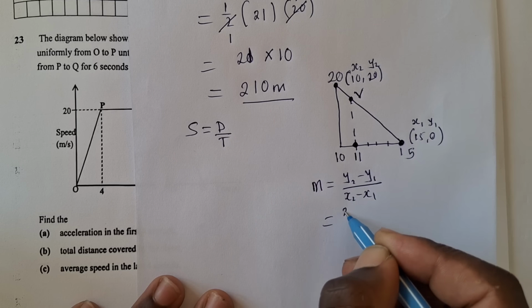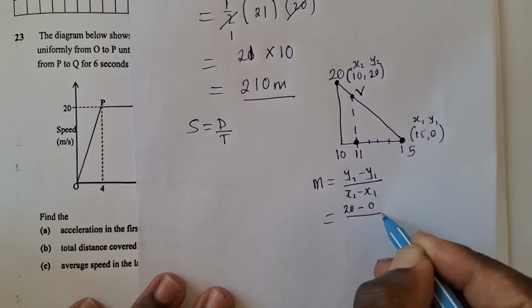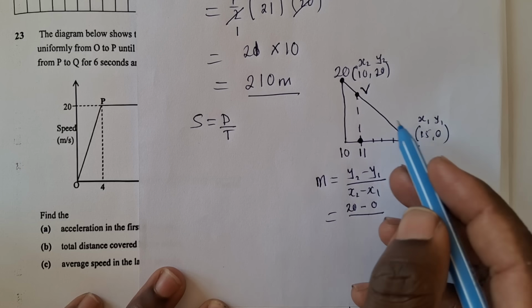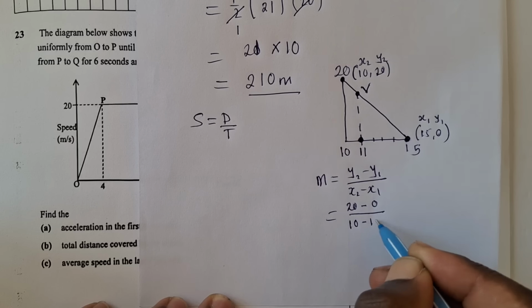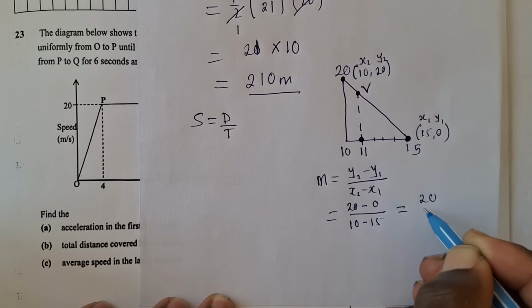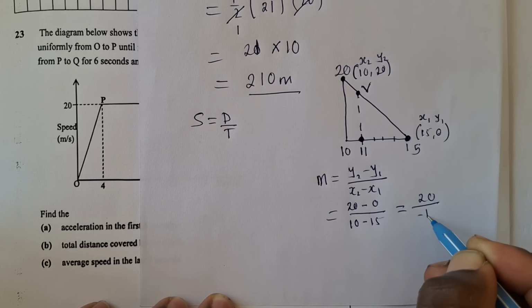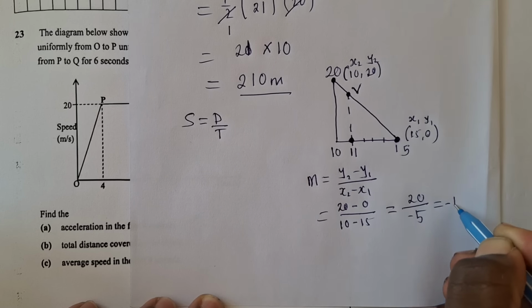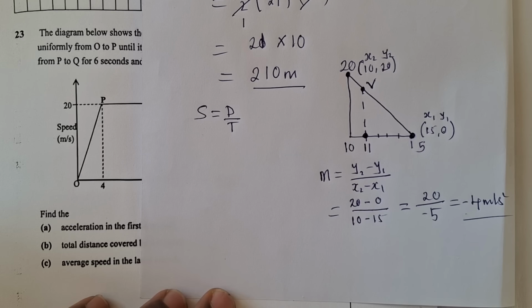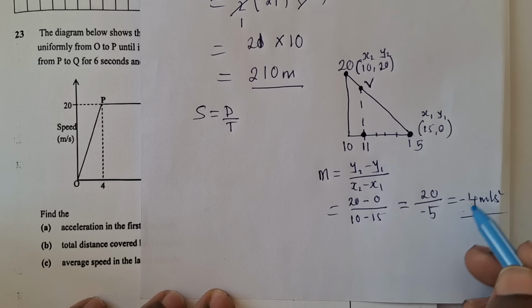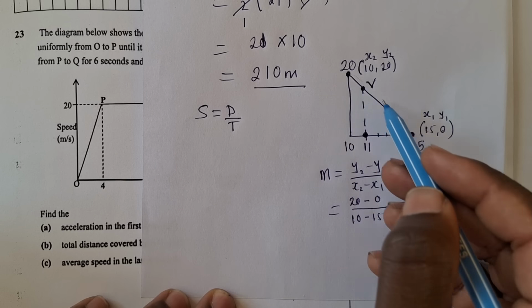This is actually 20 minus 0 over 10 minus 15. And when I simplify, I'm getting 20 over 5. This will give me -4 meters per second squared. So I've found my gradient or deceleration. This is the acceleration where it's dropping.